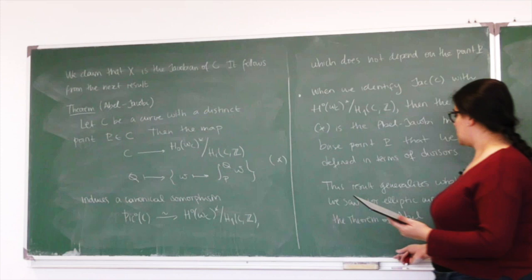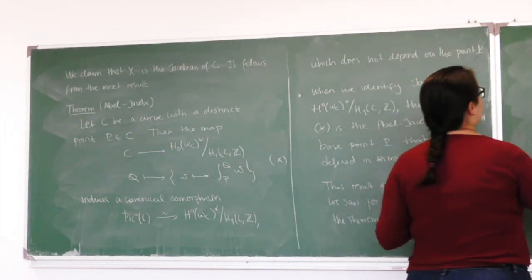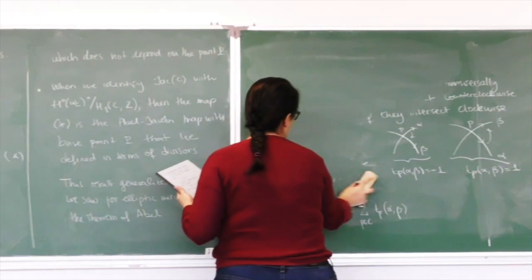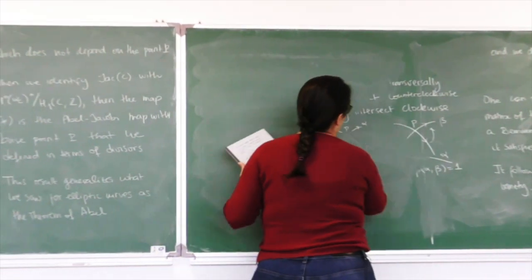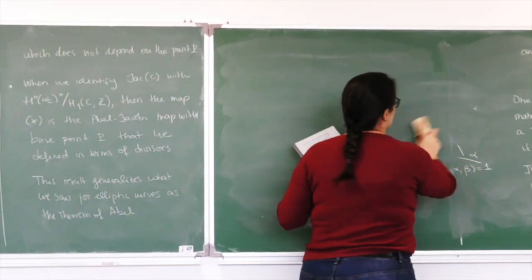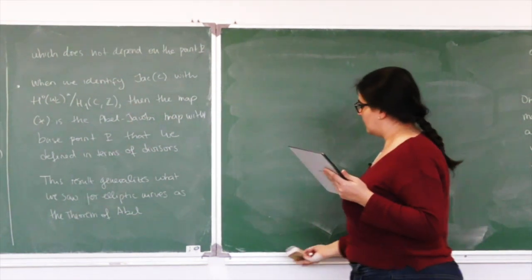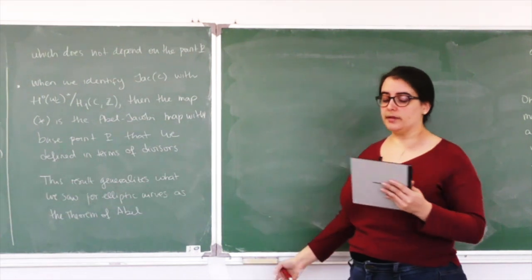And just to finish up with this one, I want to do again the standard choice that we are going to take to represent the lattice of a Jacobian.